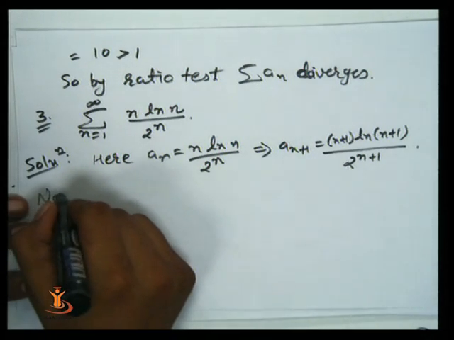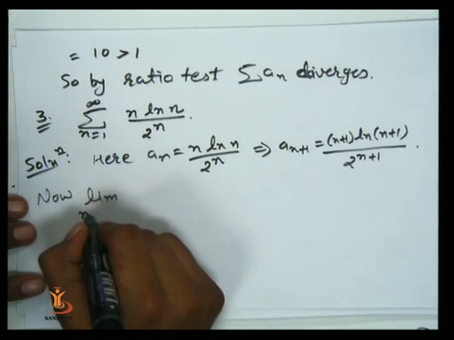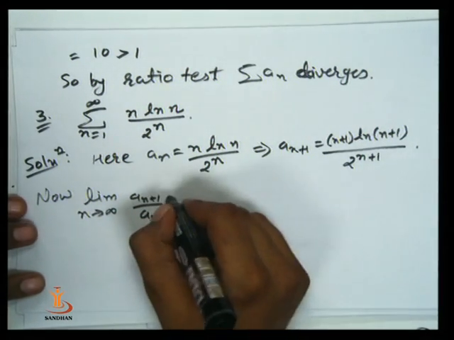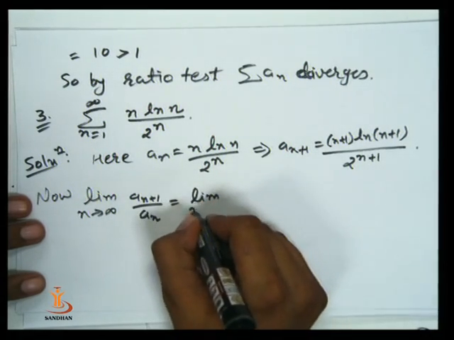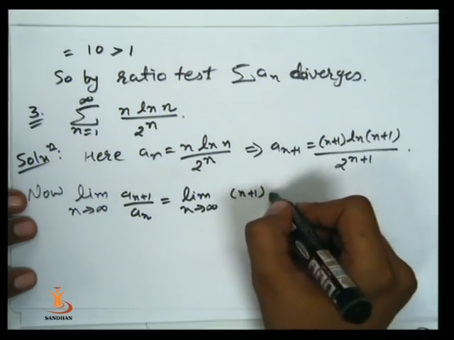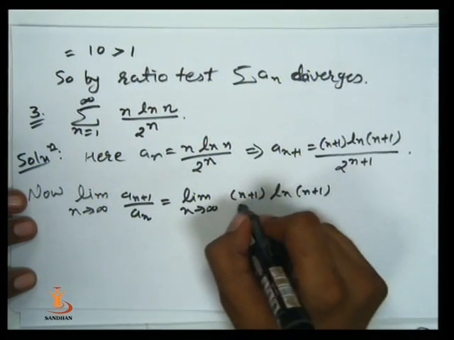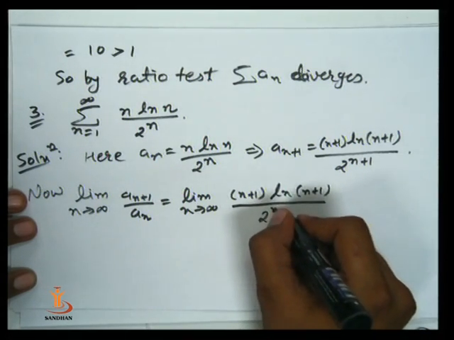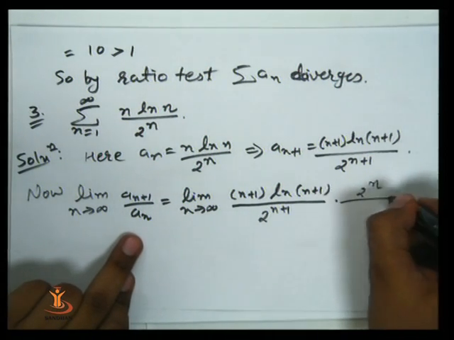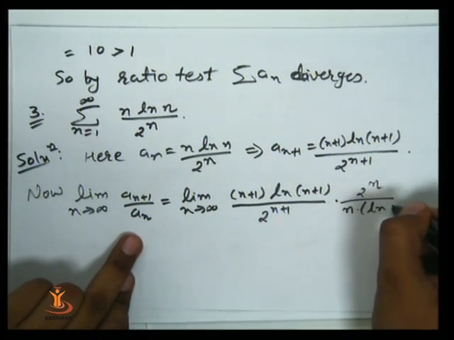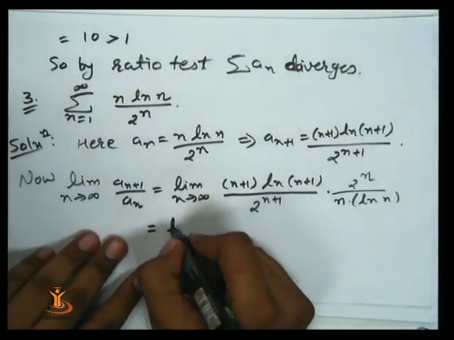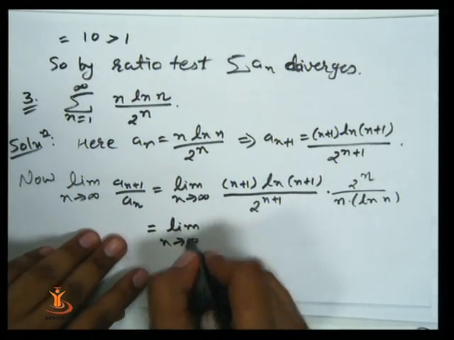Now let us calculate the limit as n tends to infinity of a_{n+1} upon a_n, which equals the limit of (n plus 1) ln(n plus 1) divided by 2 raised to n plus 1, multiplied with 2 raised to n divided by n times ln n. So that is equal to the limit as n tends to infinity.